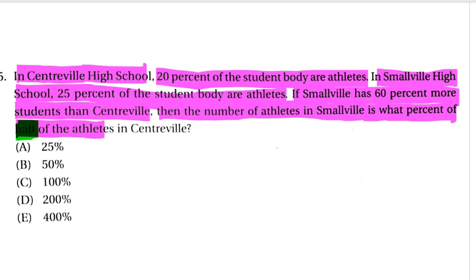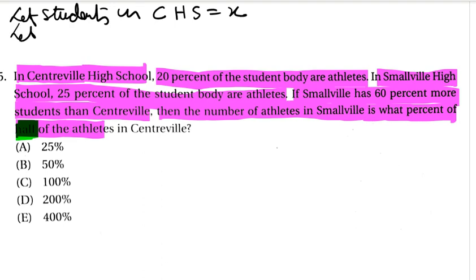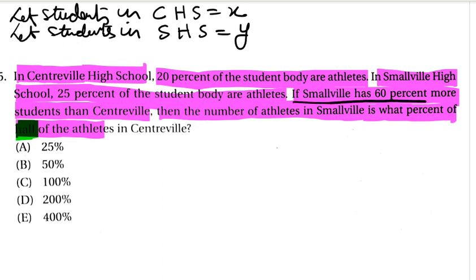So let us start with this question. Let students in Centerville High School, in short CHS, be x, and let students in Smallville High School, SHS, be y. But it's written over here, if Smallville has 60% more students than Centerville.